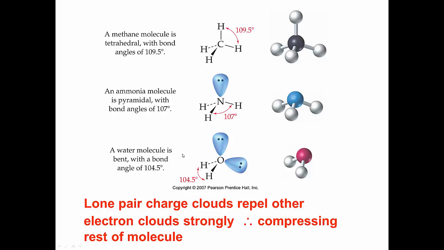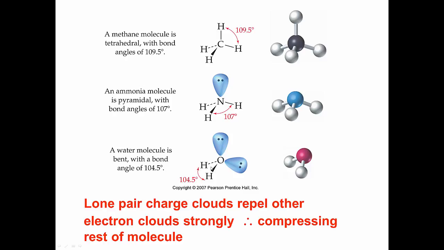And then look at water. For charge clouds, it has an electron pair geometry of tetrahedral, but its molecular shape is not tetrahedral because we only take into account the bonds. But here we have the two lone pairs of electrons.